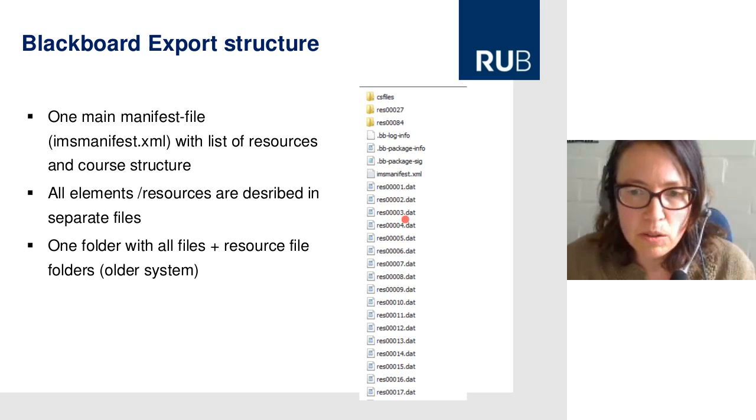All the files that exist are listed in the IMS manifest.xml. The folders are separate, in a separate folder, and there are also two types of folders depending on the age of the Blackboard system. So mainly it's three parts where all the information sits.